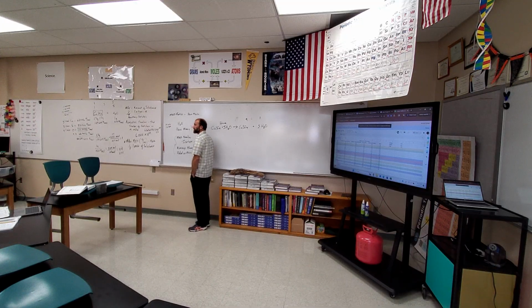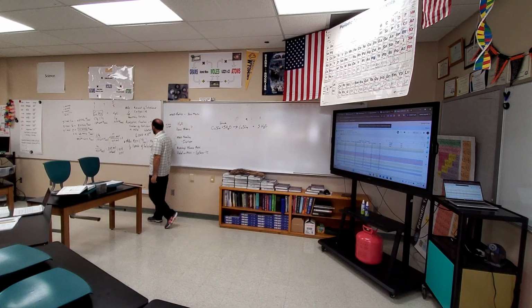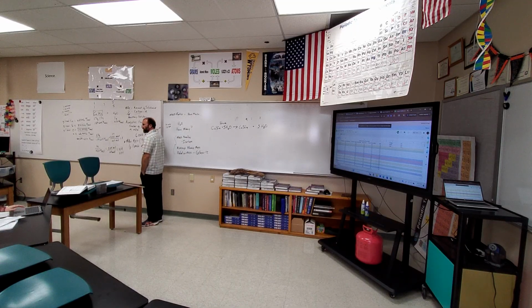Do you feel comfortable? Okay, I understand the math. If I don't understand it, where do I go to find it? Periodic table. Do I understand why helium is heavier than hydrogen? Yeah. Because it has protons and neutrons. Perfect.